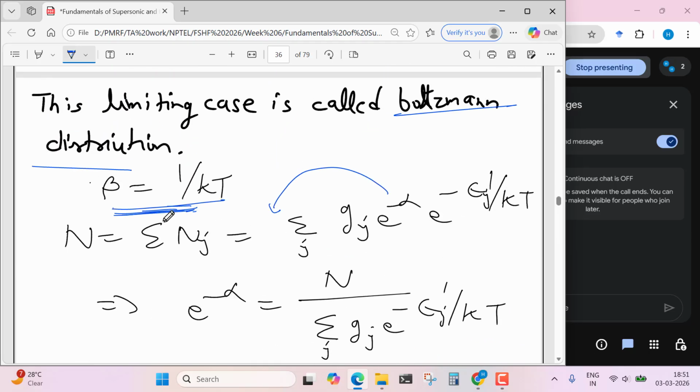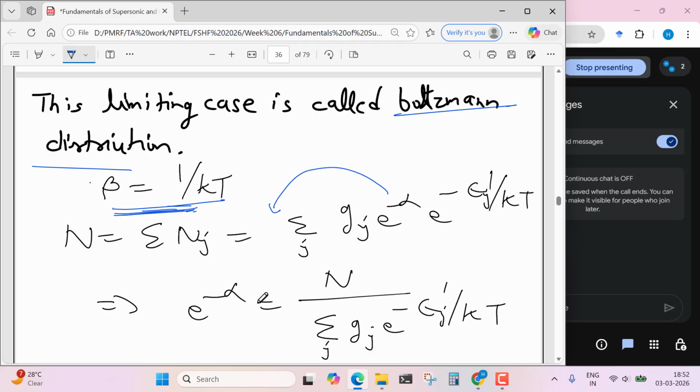Here beta equal to 1 by kT, and if we take the summation of this, N equal to sigma Nj equal to sigma j Gj e to the power minus alpha e to the power minus epsilon j dash upon kT, and then this will equal N. This e to the power minus alpha is constant, we can take it out.